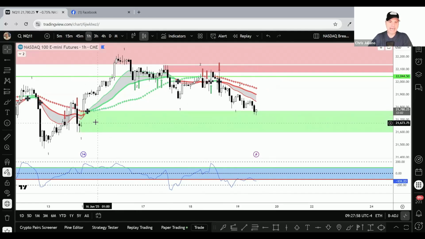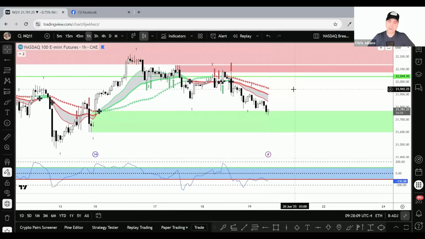So we might be heading for a gap fill. That means price action comes back down, fills the gap from where it originated, and then continues the move up, right? So we're actually right at the top of the demand zone that we drew out yesterday. So we're in between these two areas here.